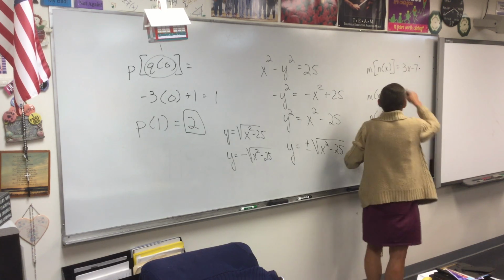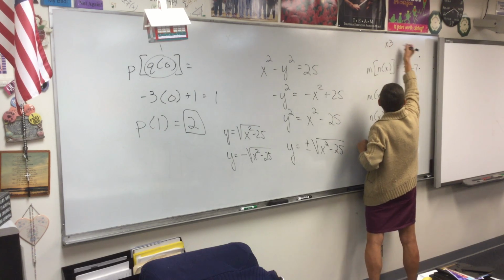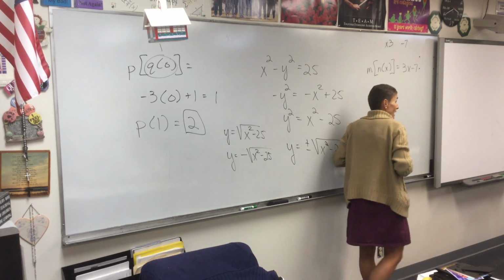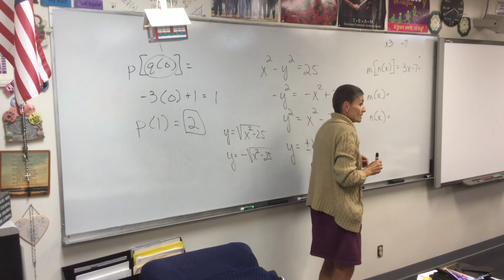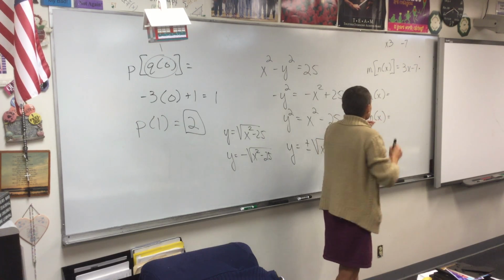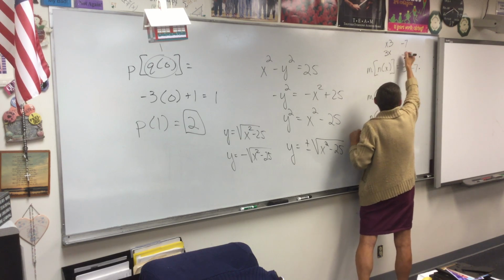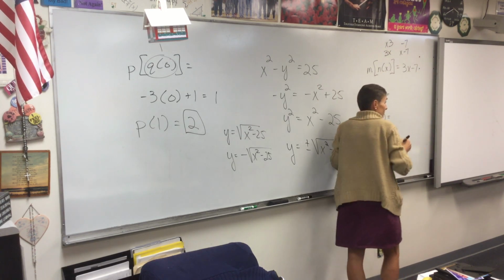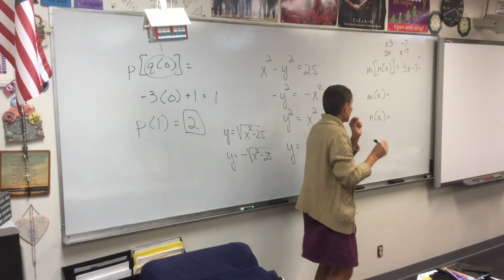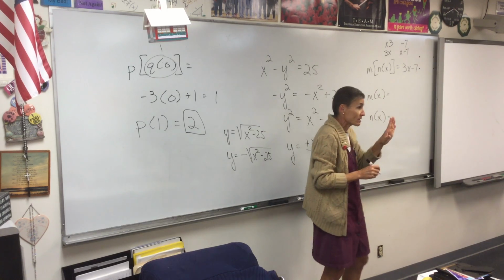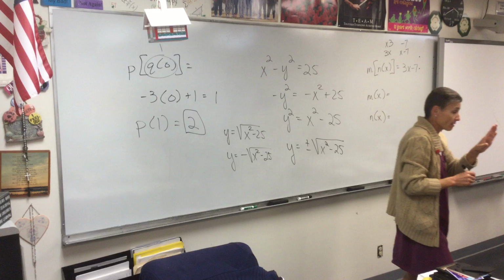So the 2 operations are multiply by 3 and subtract 7. That means that your 2 functions are 3x and x minus 7. Those are the 2 functions that are going to go together to make this. Trust me, that's what they are.